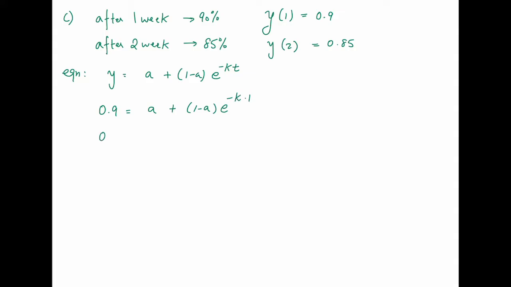And the other equation is 0.85 equals a plus (1 minus a) e to the power of negative k times 2. These are the two equations that we're working with. I'm going to call this equation 1, and this equation 2.